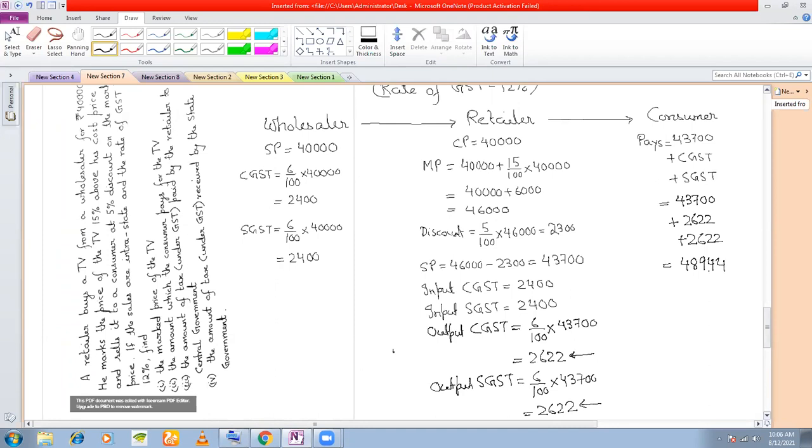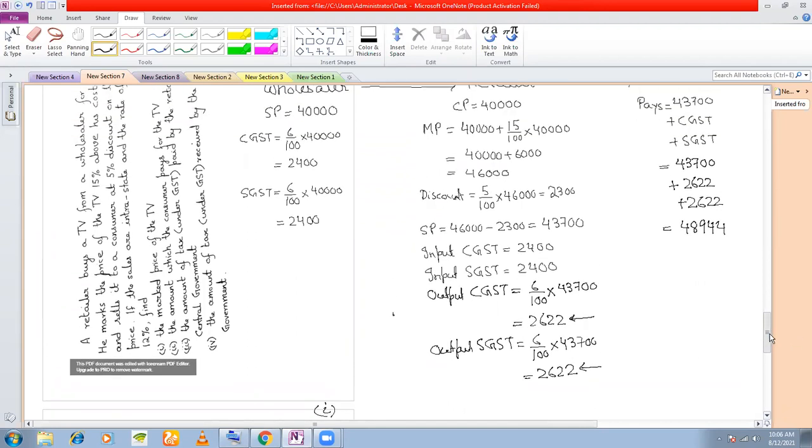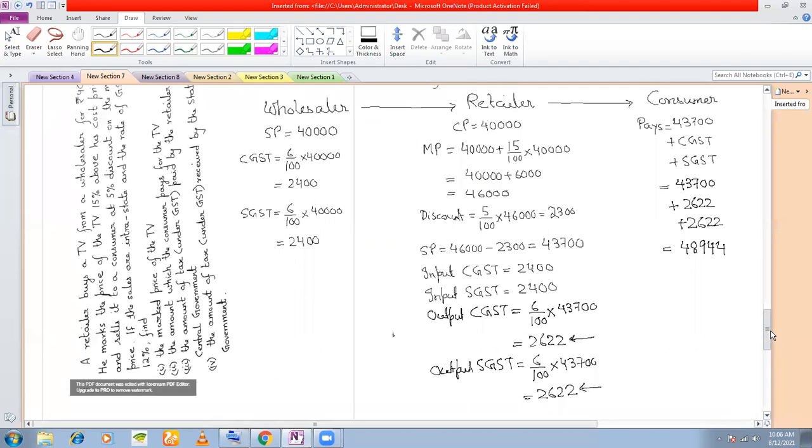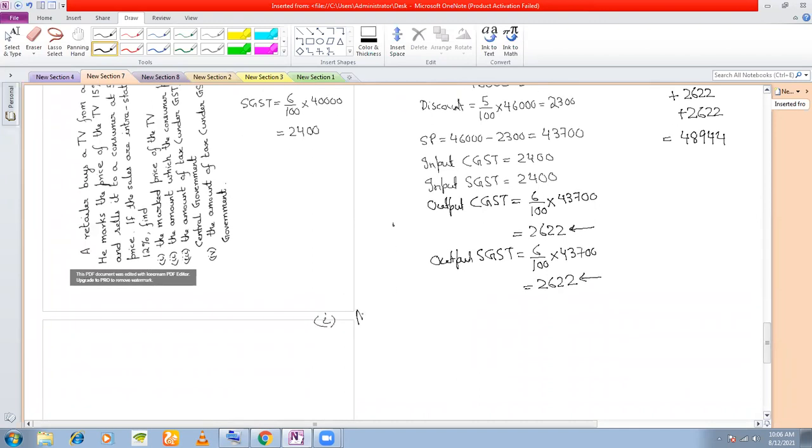Now we have our complete information. Now we shall interpret this information in whatever the questions are. First question is, find the mark price of the TV. What is the mark price of the TV? 46,000, that we have already calculated. So the mark price of the TV is equal to rupees 46,000. This is done.